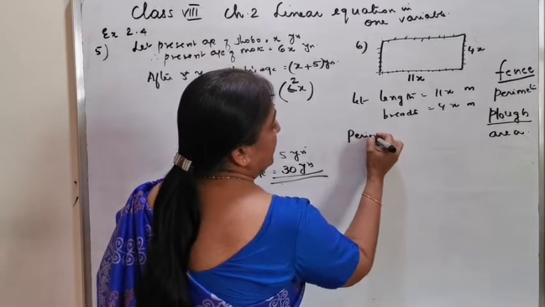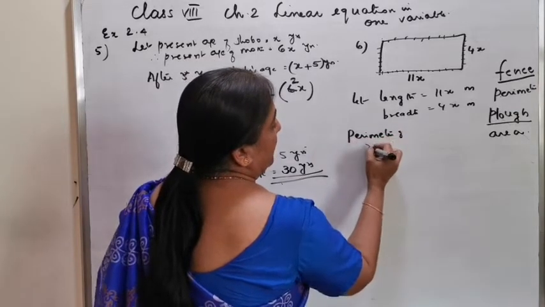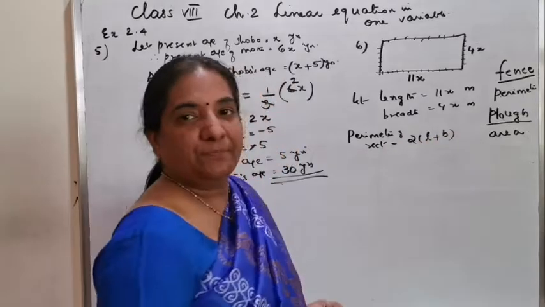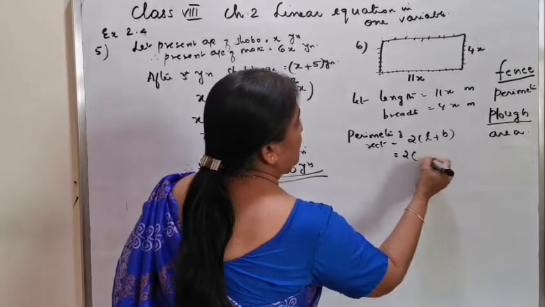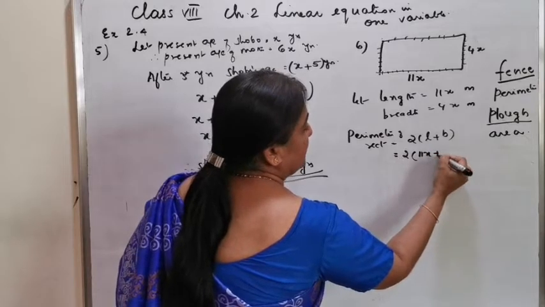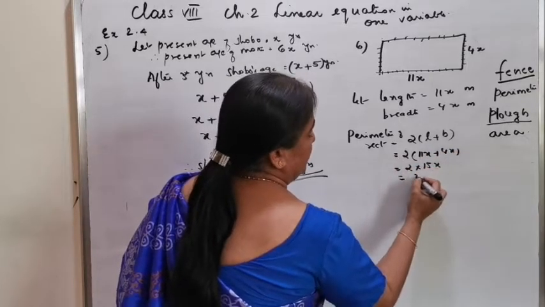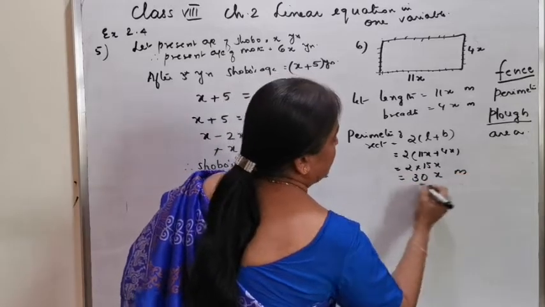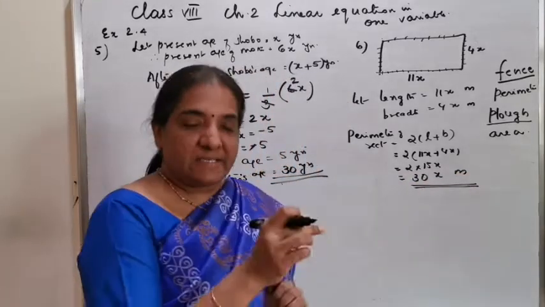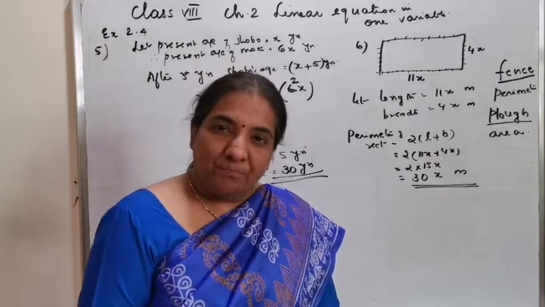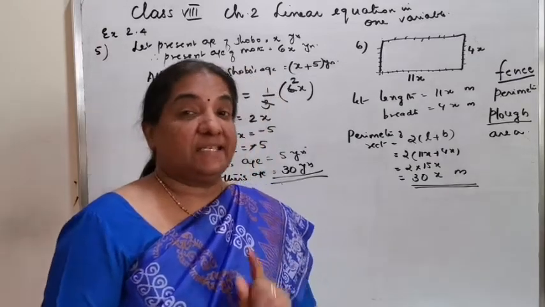Perimeter of rectangle is equal to 2 into L plus B, which is equal to 2 into 11x plus 4x, 2 into 15x, which is equal to 30x meter. That is the perimeter of the field. And now, what is the cost of fencing?